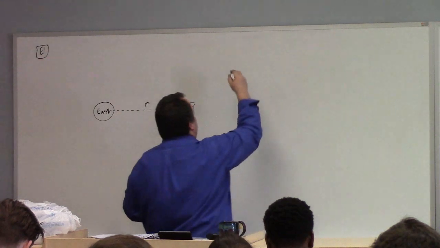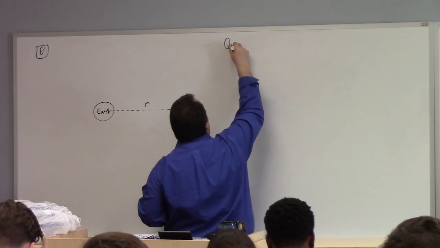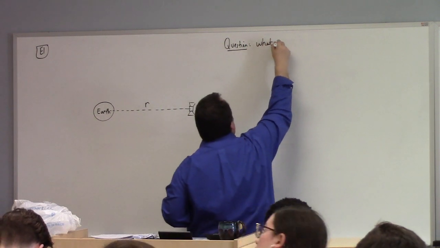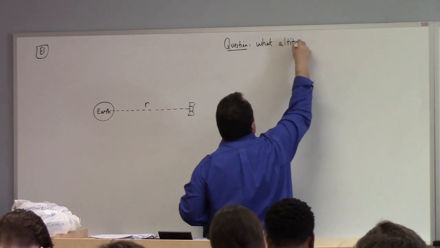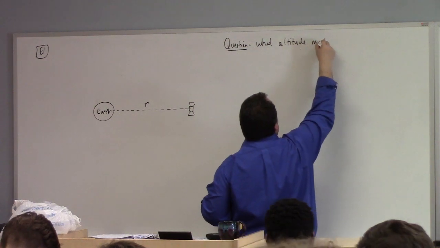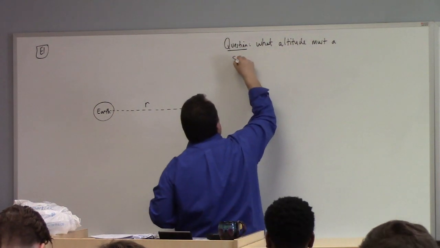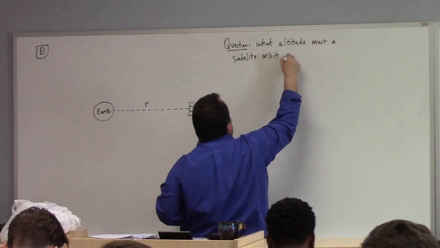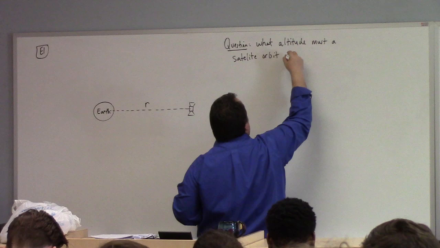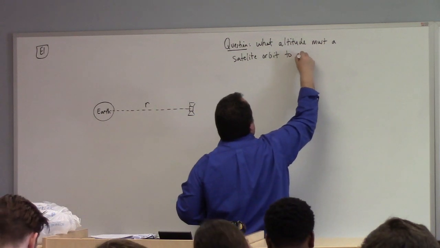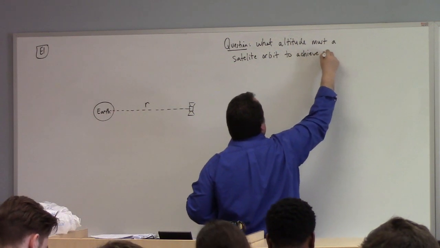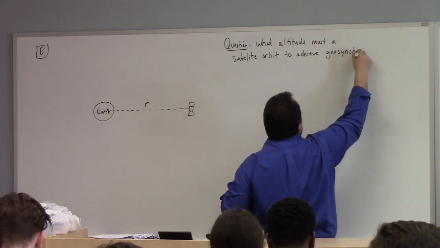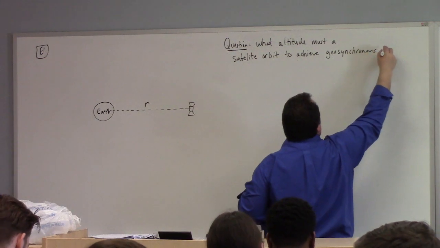Then the question is this. What altitude must a satellite orbit to achieve geosynchronous orbit?